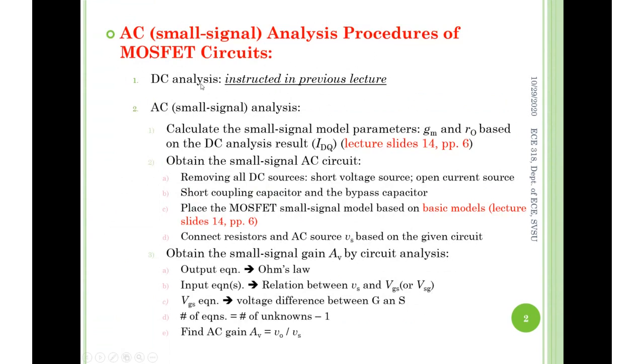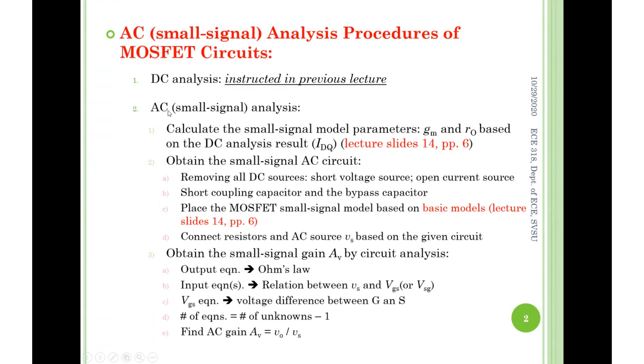The reason is the same as in diode circuit analysis. We need the DC analysis result for the AC small signal analysis. That's why DC goes first. Okay, DC goes first. The procedure has been instructed in the previous lecture, so please go back there to see.